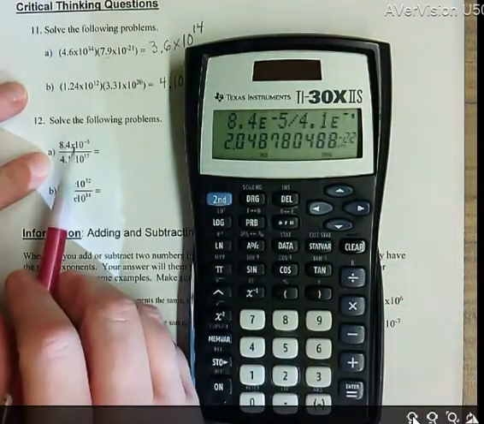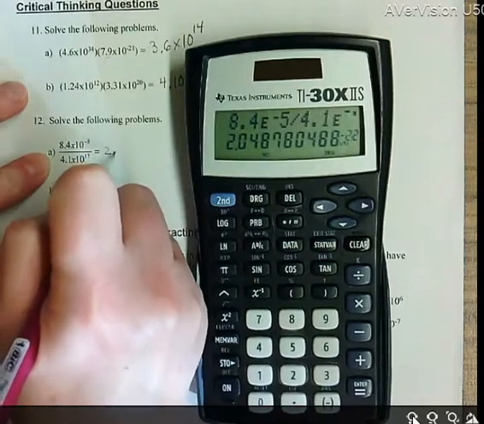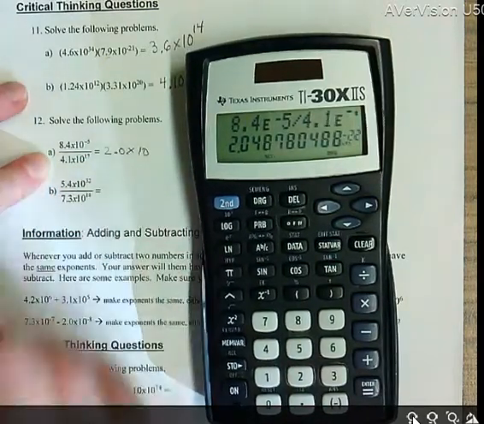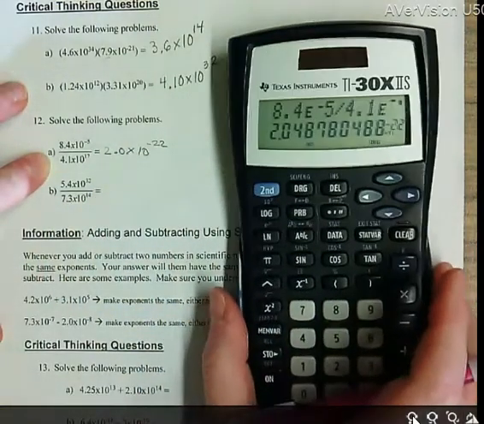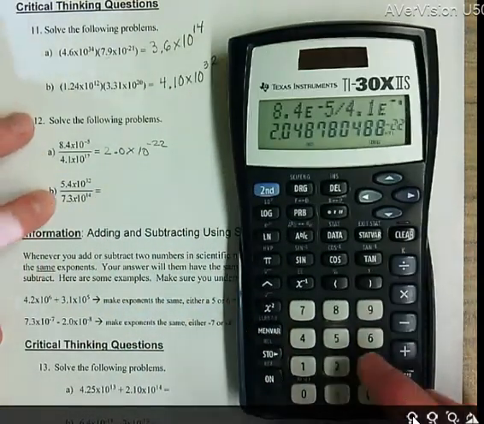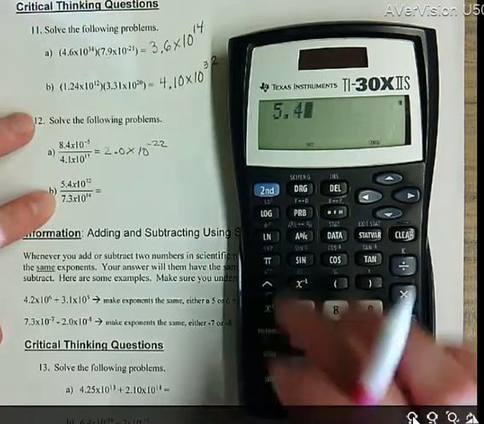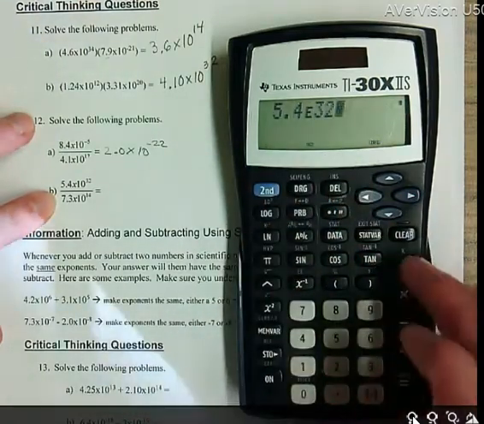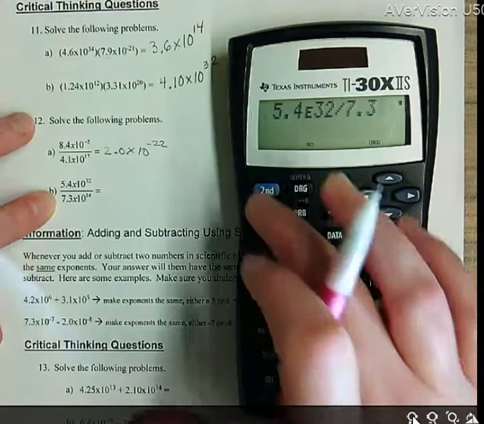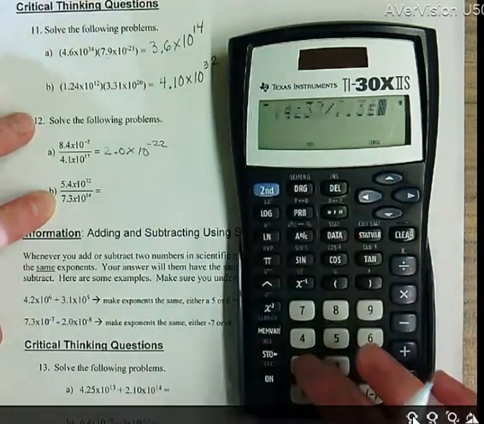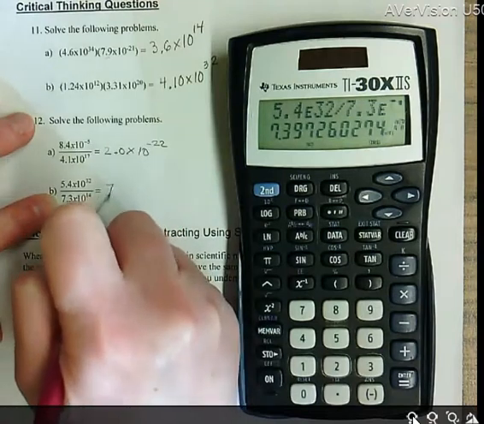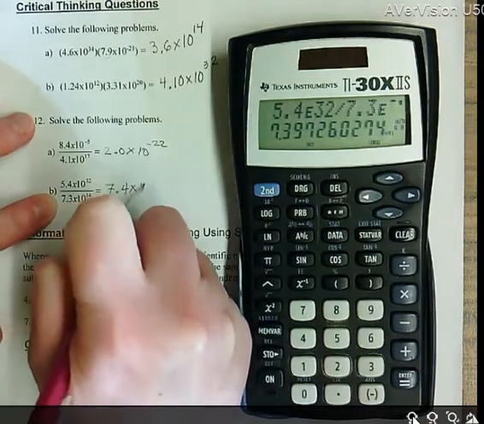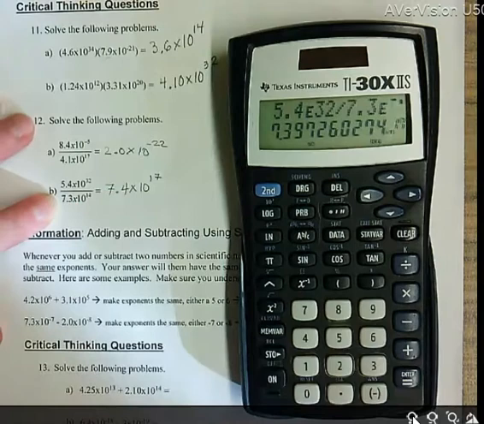And these each have 2, so I'm going to make this 2.0 times 10 to the negative 22nd. Okay. Next one, 5.4 e32 divided by 7.3 e to the 14th. Again, just 2, so I'm actually going to make this 7.4 with my rounding times 10 to the 17th.